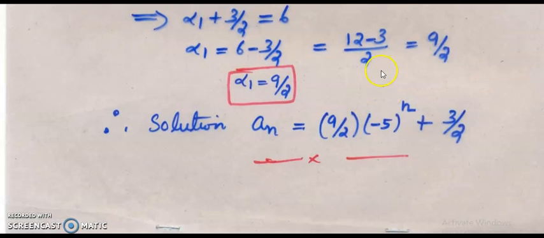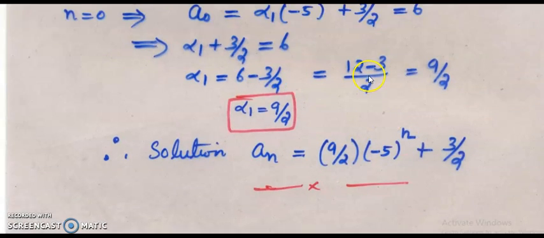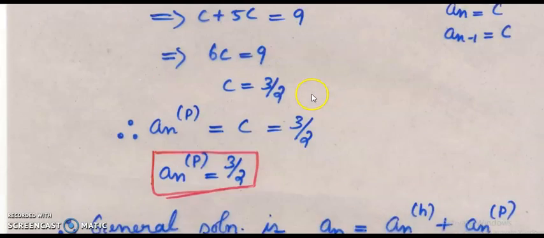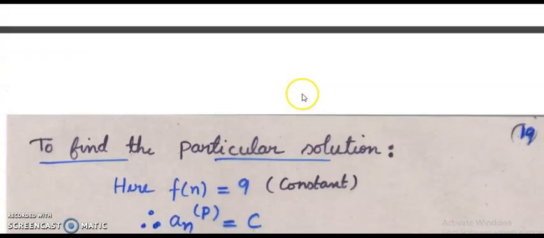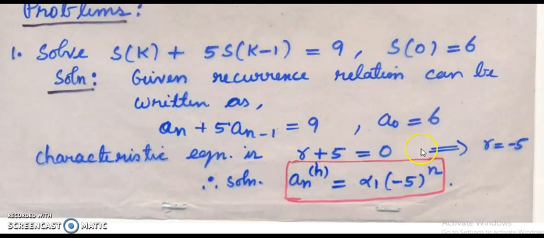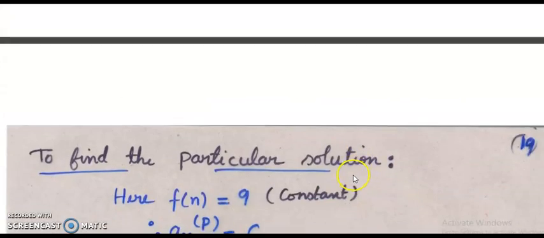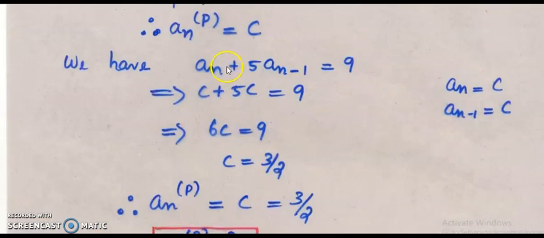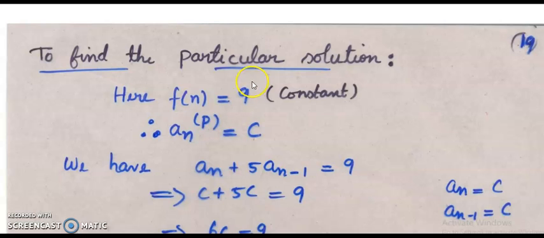So when a recurrence relation is non-homogeneous, all that you have to do is find the homogeneous solution first. Then you have to find the particular solution. The particular solution depends on the value of f(n). Here f(n) is constant, so we can assume a_n as c, so a_(n-1) is also c.